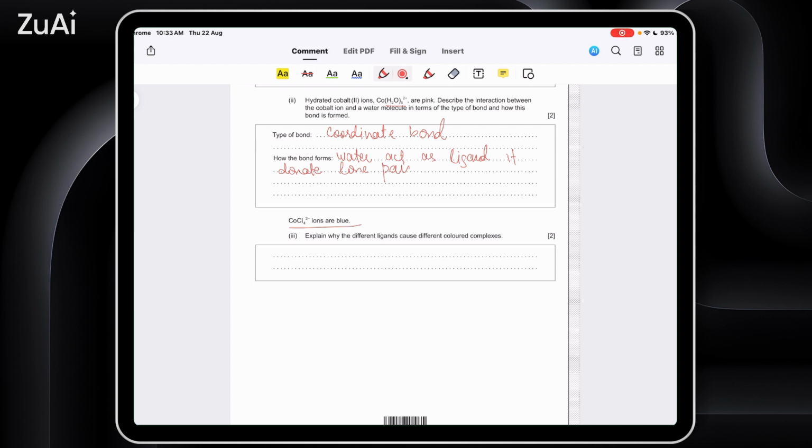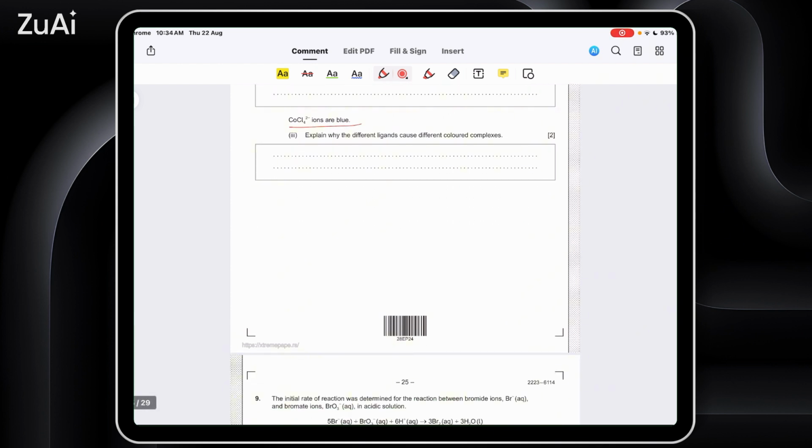So it's blue in color. Explain why the different ligands have different colors. You know what, they absorb the light. So magnitude of energy. They absorb different frequency of light.